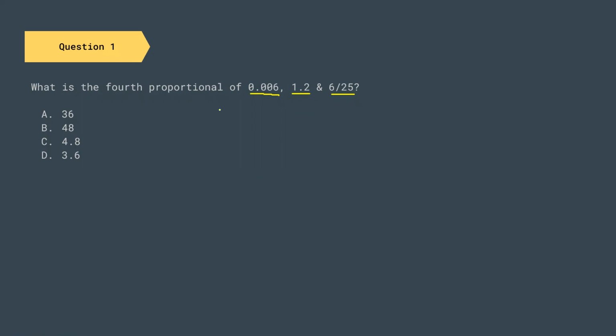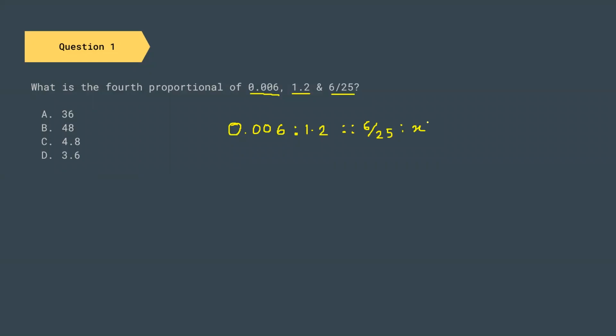Fourth proportion means we have to find 0.006 is to 1.2 as 6 by 25 is to x. We have to find the value for x.